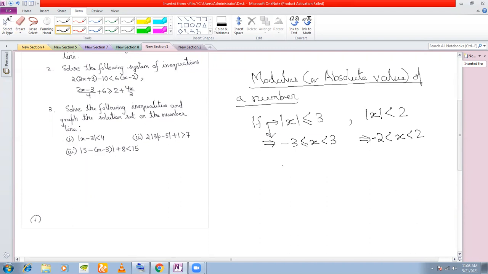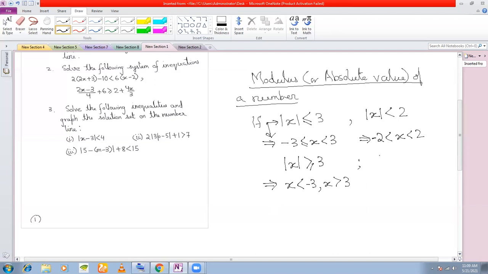Remember this rule. Okay. Also, if I give you mod x greater than or equal to 3, this time I have reversed the inequality sign. Then what can you write? If I have mod x greater than or equal to 3, then you can write x must be less than or equal to -3 and x must be greater than or equal to 3. Okay.